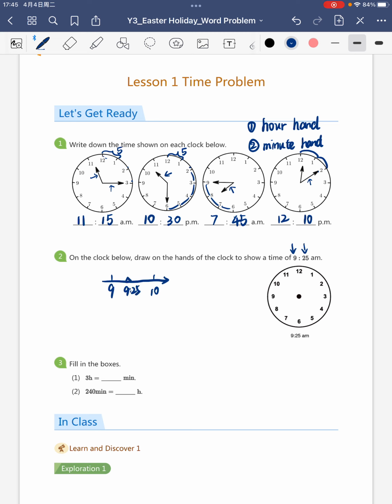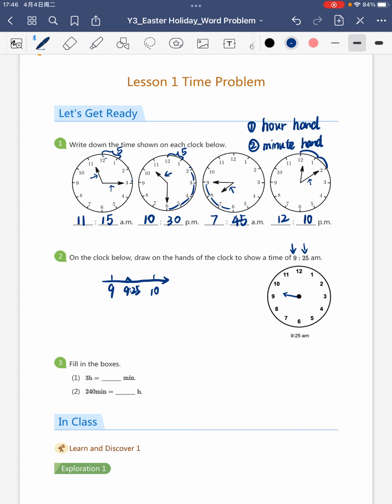Then for the hour hand, the shorter hand, should it be between 8 and 9 or between 9 and 10? So 9:25 is a time between 9 and 10. So for the hour hand, it should be between 9 and 10 as well. So please draw a shorter hand here between 9 and 10.